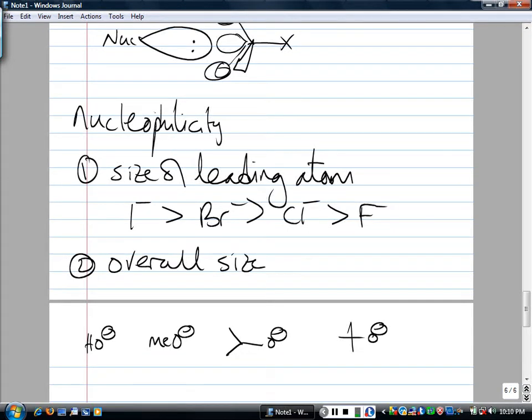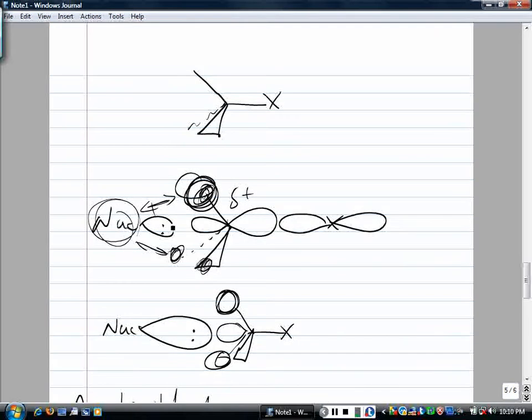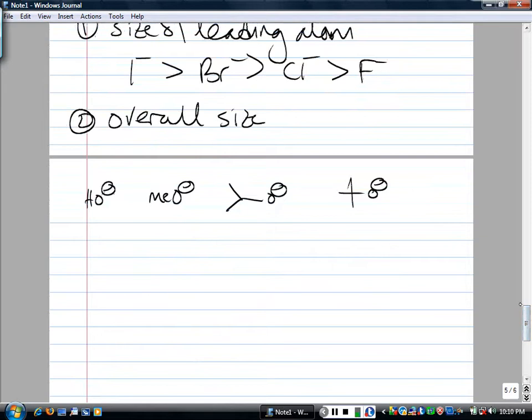And obviously, the smaller the entourage, the less steric hindrance the species encounters in approaching this carbon. The bigger the entourage, the more difficulty there is, the more steric hindrance to the approach. So in other words, hydroxide, which only has an H as its entourage, is going to be very effective at getting into that narrow space, whereas t-butoxide would be horrible at getting in because the t-butyl group is huge.